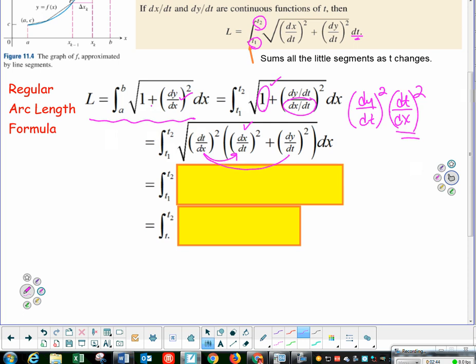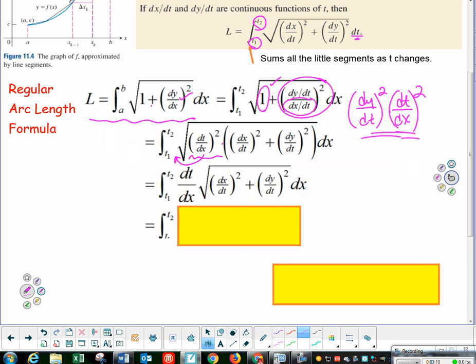And then if I multiply by here, now I'm back to this scenario, which we know is equivalent to dy dx, really. Okay, we've got that settled. Now I can take the square root when things are multiplied and I've got something squared. If I do that, it simplifies by moving out dt dx.